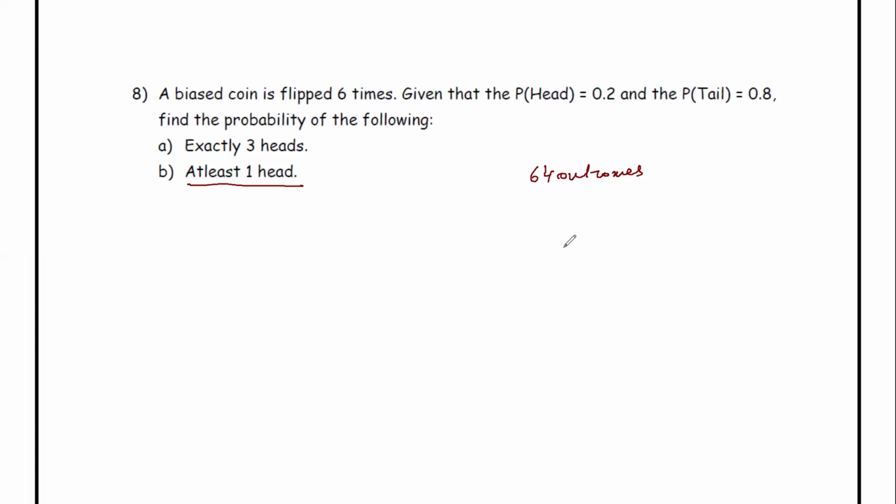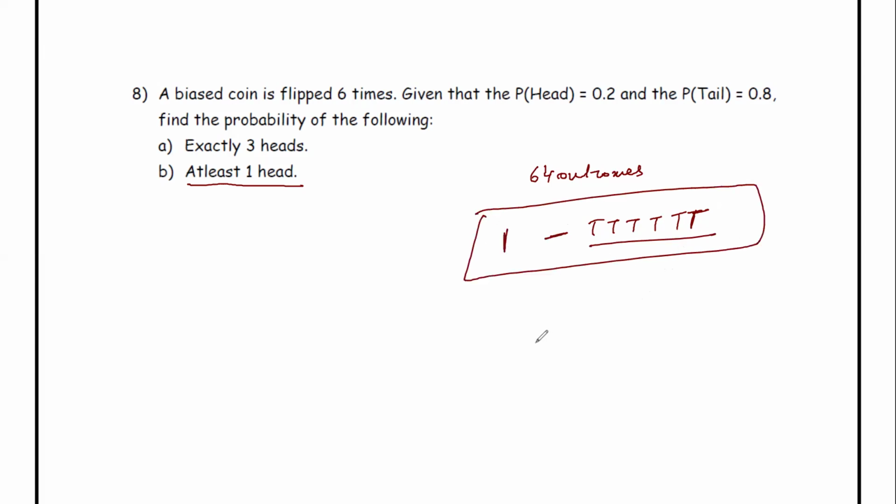And then you get all six heads. But there's one outcome which is all tails. And this one cannot be said to come under the category of at least one head.